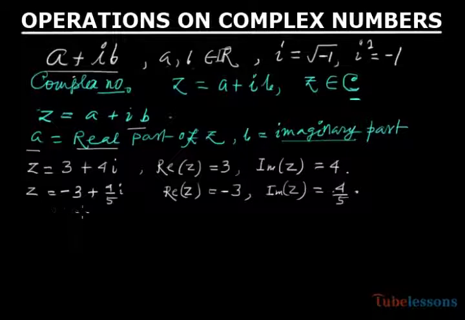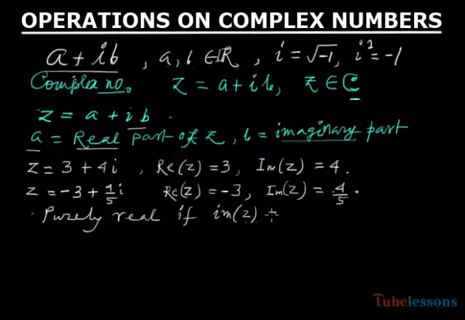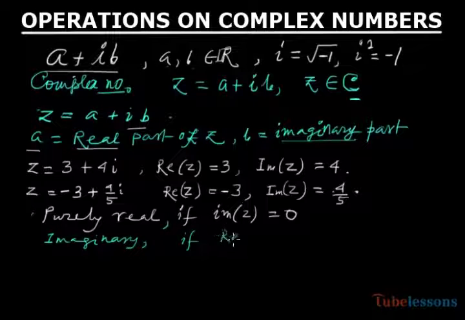The complex number z is said to be purely real if the imaginary part is equal to 0, and a complex number is said to be purely imaginary if the real part is equal to 0.